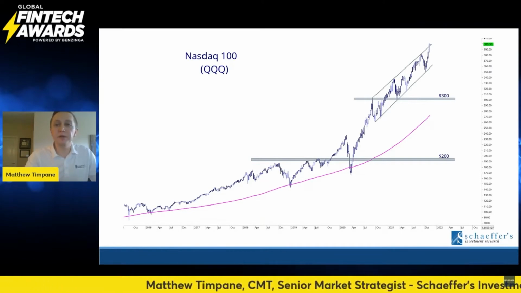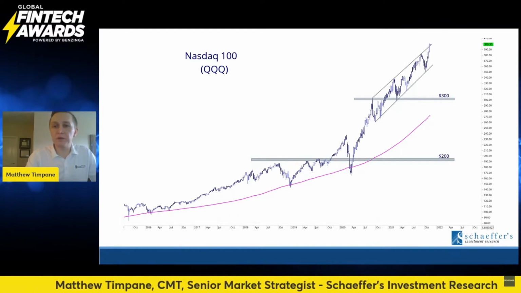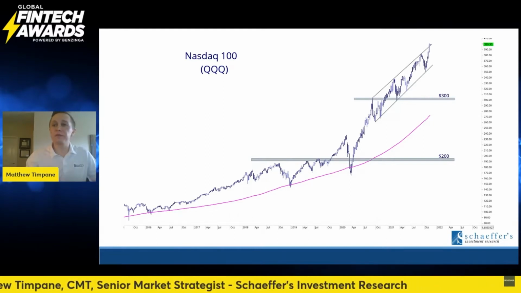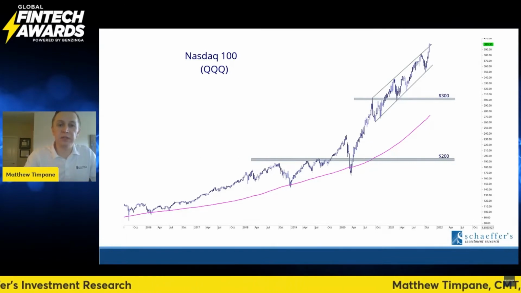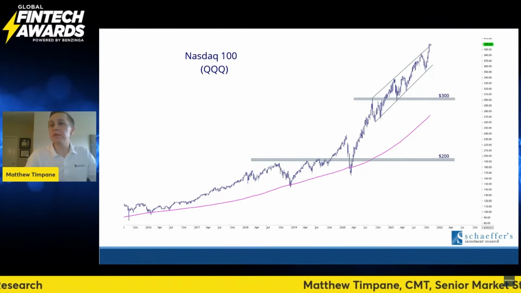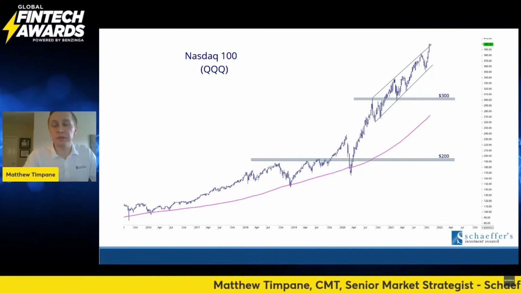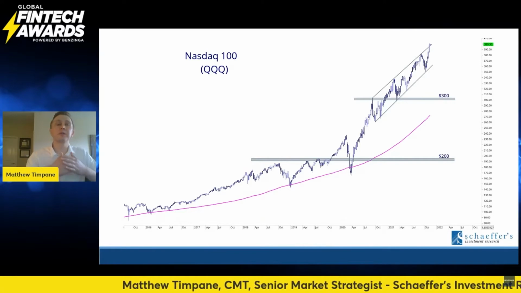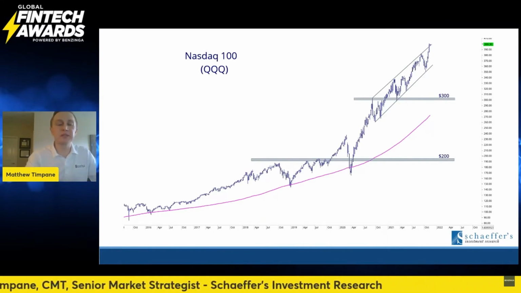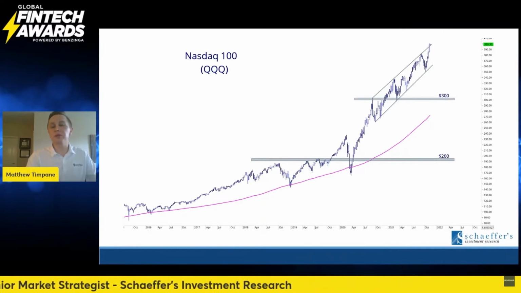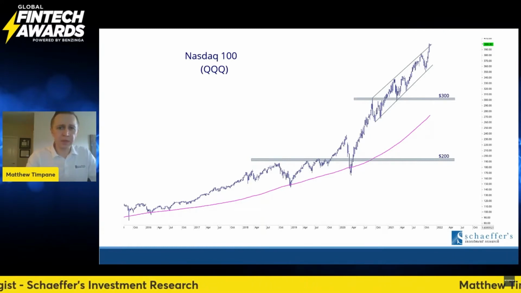Now, I did leave the 125-week moving average on this chart, just carried it over from the daily. And honestly, I was amazed myself. It has marked long-term bottoms since 2015 in the QQQs. So it's something that I'm going to keep on my radar and have set an alert for. You'll see support and resistance areas that you don't necessarily see, even when trading options, when you pull out to the weekly and monthly charts.